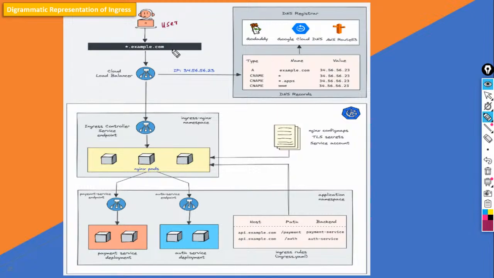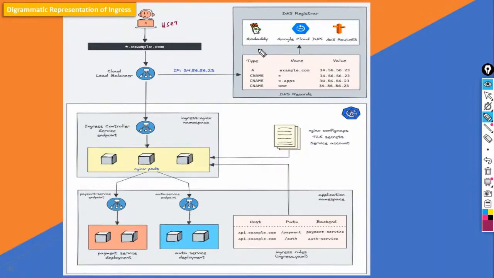Let's say like google.com. So that URL will take you. Now, this is a domain that you want to access a particular application within, and that domain is registered with a DNS, Domain Name Service registrar.